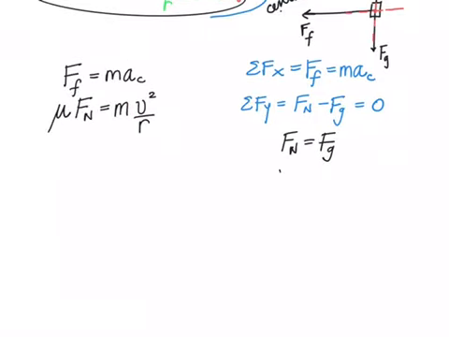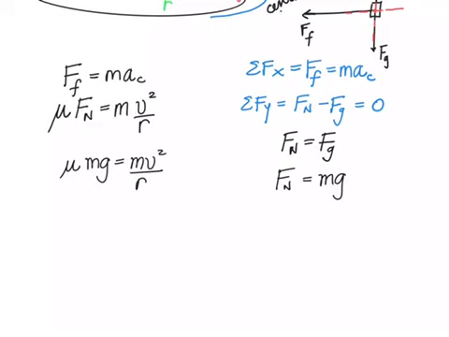That means my normal force will be equal to the weight, which is the mass times the gravitational field. So let's put this in for the normal force. We'll have mu times mg is equal to mv squared over r.